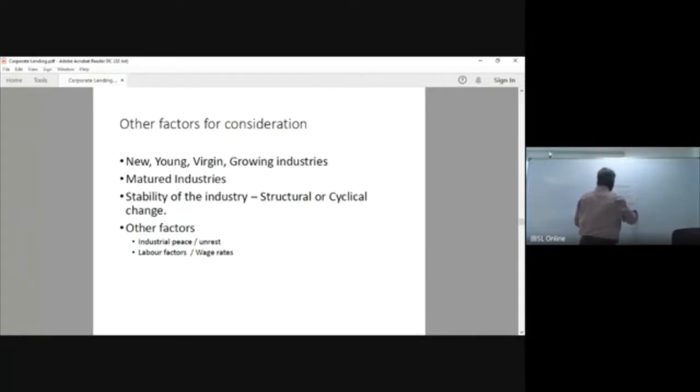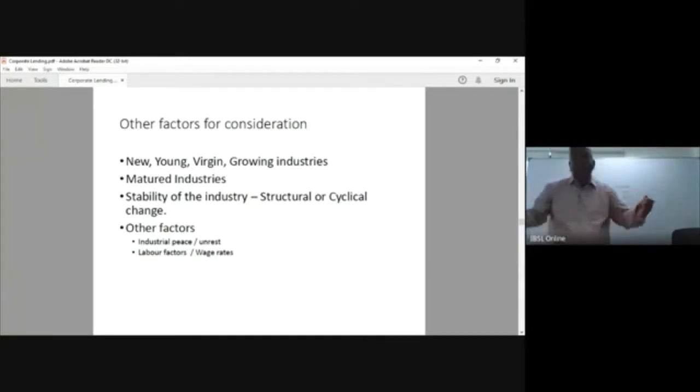They have a tendency for expansion. They can expand.